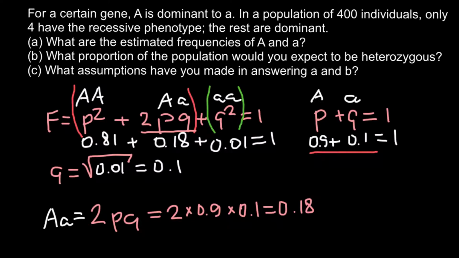Now let's answer question C. What assumptions have you made in answering questions A and B? The assumptions for Hardy-Weinberg, which we also call equilibrium, are that this population is infinitely large. We don't have assortative mating, we don't have genetic drift, we don't have migration, and all these genotypes are equally fit.